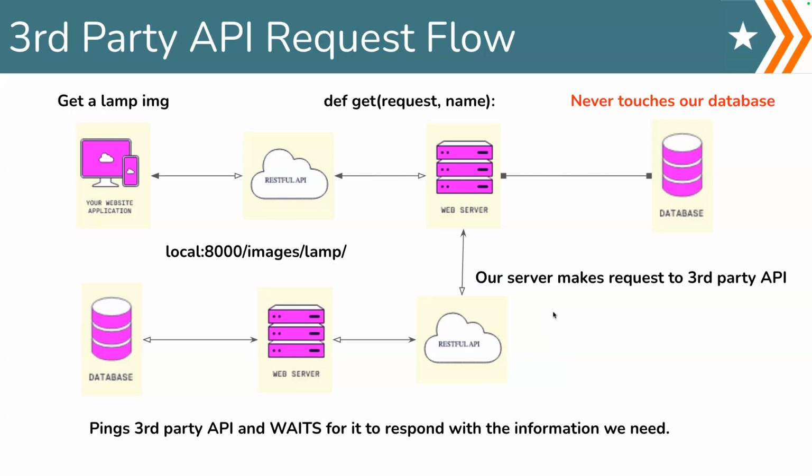That other server talks to its own database, runs its own logic, and returns a response to our server that we then format and return a response to our client. Again, at this point, we're just connecting the dots between a third-party server, our server, and the client.